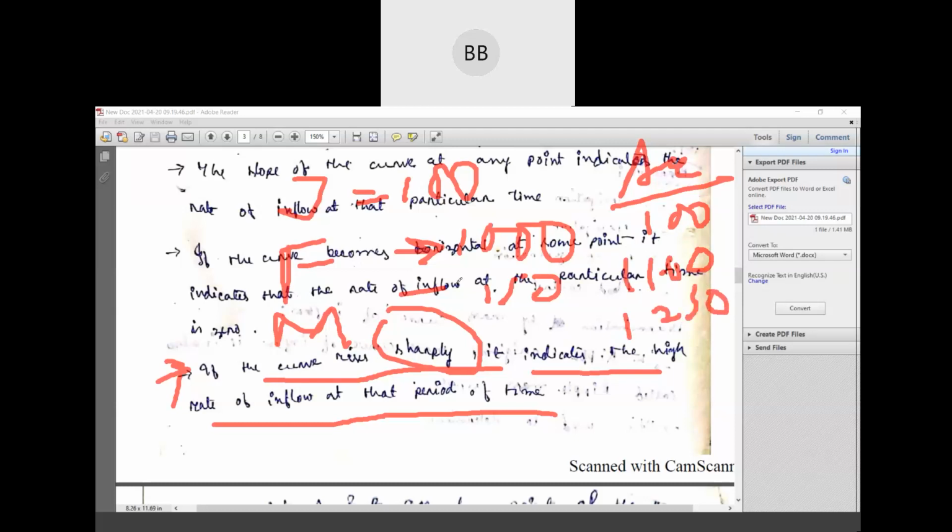If you plot these values, the first value is 100, then it goes up to 1100, then again to 1250. So if the curve suddenly increases, that means there is a very high inflow for that particular time. Understood?